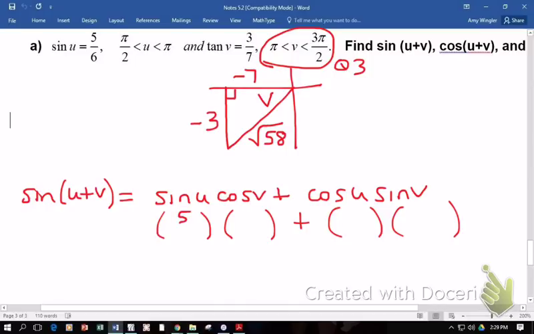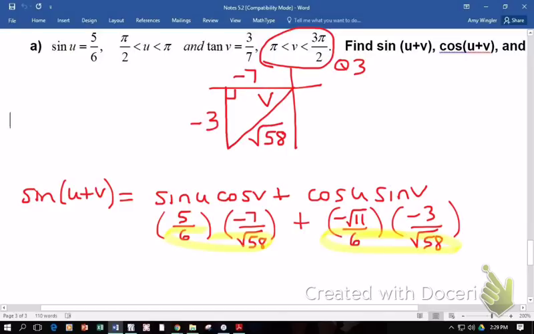The sine of U is opposite over hypotenuse. The cosine of V is adjacent over hypotenuse. The cosine of U is adjacent over hypotenuse, and the sine of V is opposite over hypotenuse. So again, if you've done this right, these denominators should be the same.